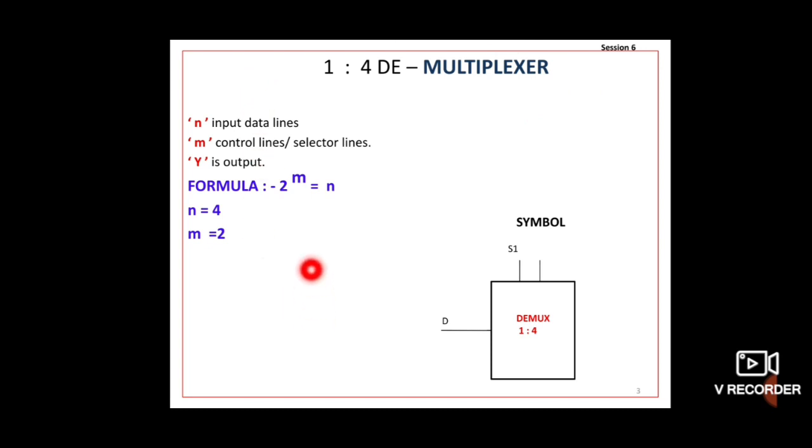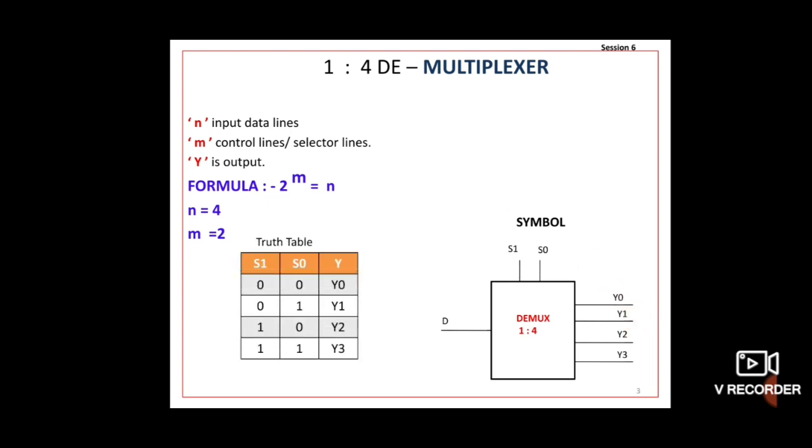Now see the symbol of this 1 to 4 demultiplexer. Now see, 1 is constant, meaning only one input data line. How many select lines? 2 select lines. See here S1 and S0. 4 output lines. See Y0, Y1, Y2, Y3. These are the 4 output lines and 2 select lines.